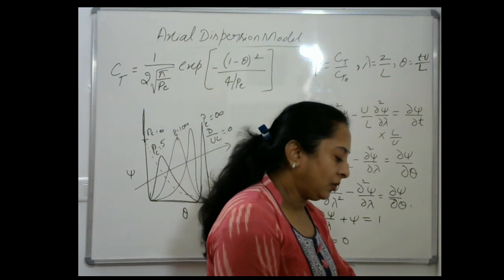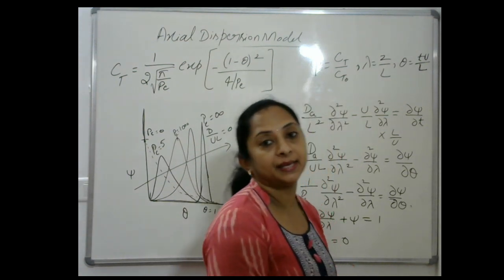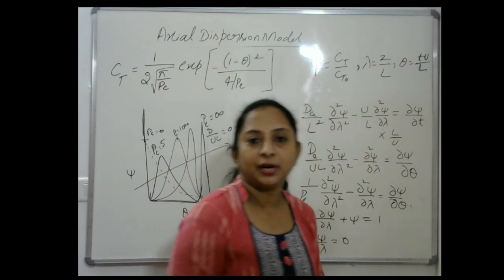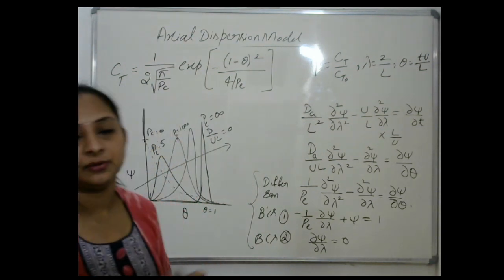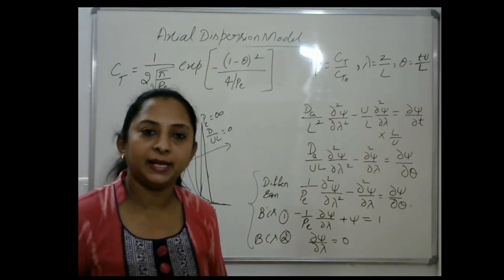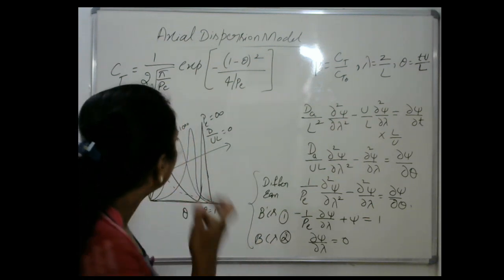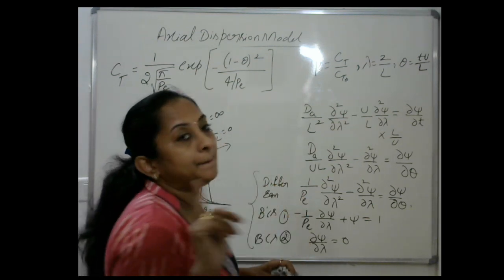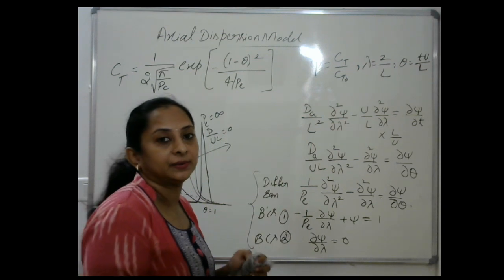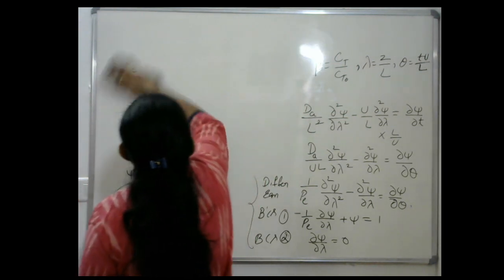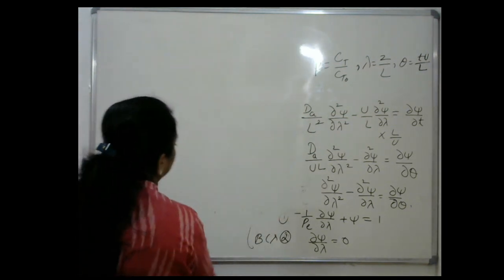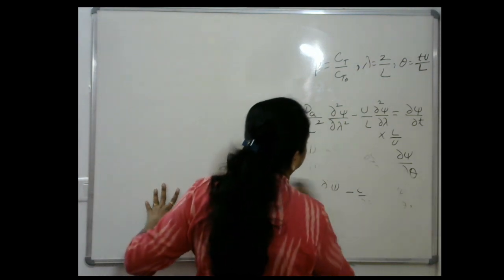Now how to get the Peclet number from the E curve? Suppose when you are conducting the experiment, you will get E curves. You know how to get the C curve, how to get the E curve; all that has been taught. Now how to get the Peclet number from this E curve? These equations that I write now, if you just remember them, it is sufficient.